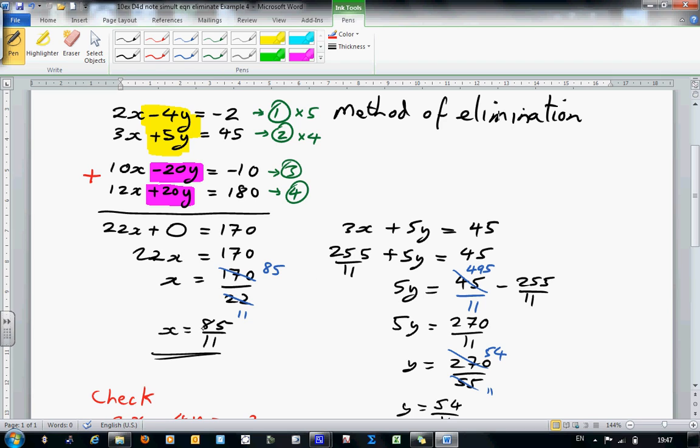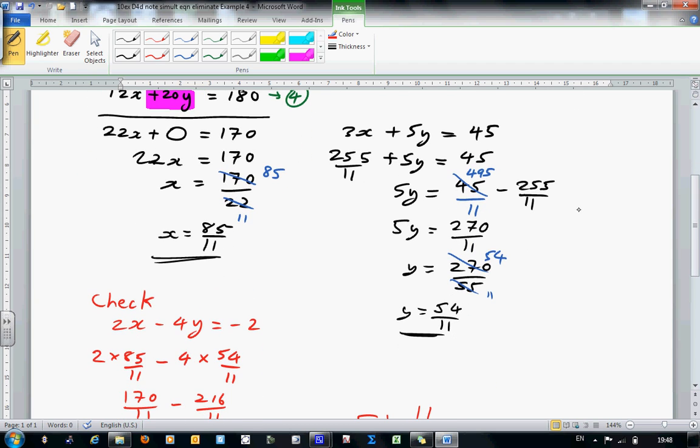Aha. 495 minus 255 is 240. Let's take a few of these out here. I'll do that in red to show the mistake. 240 over 11, which is now 240 over 55.